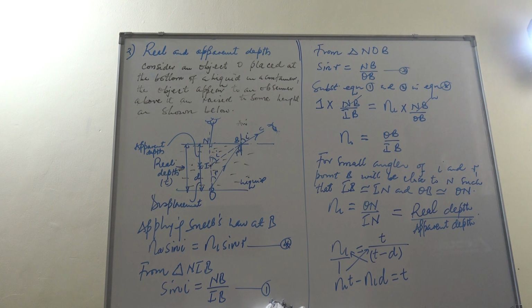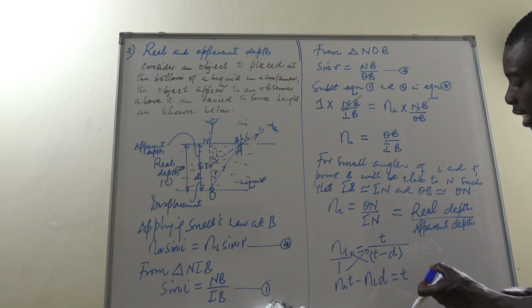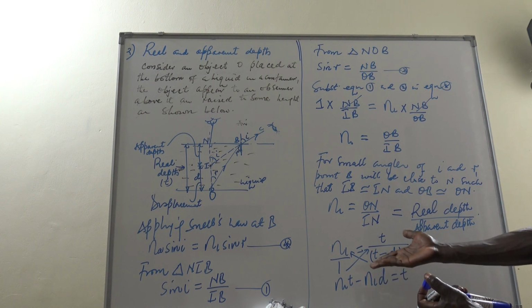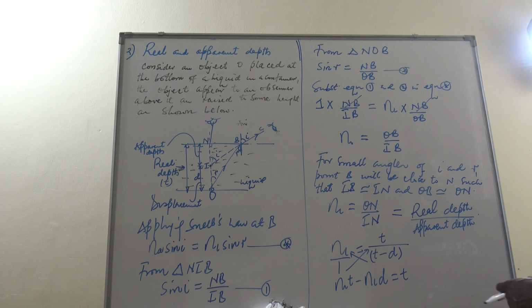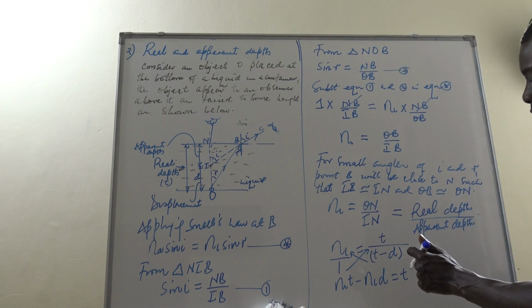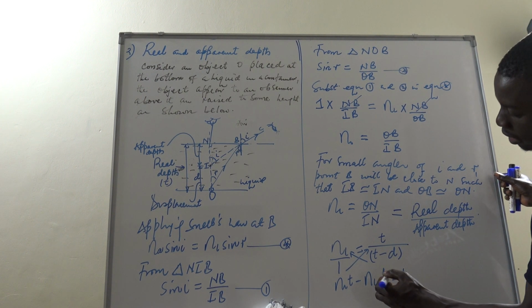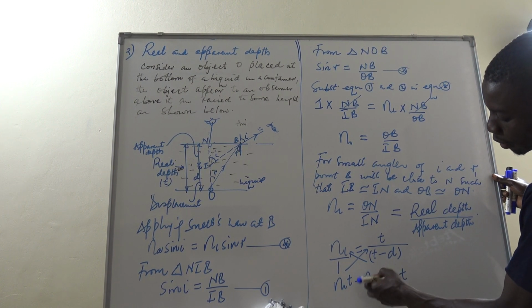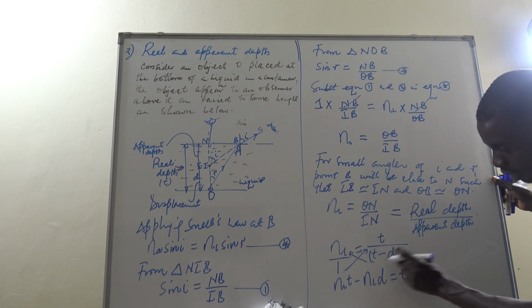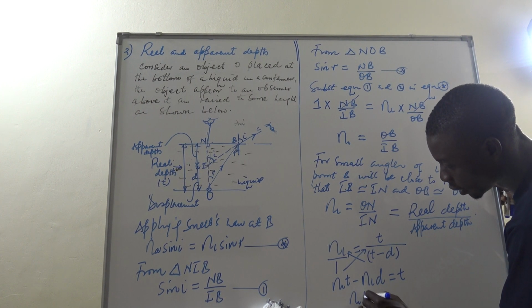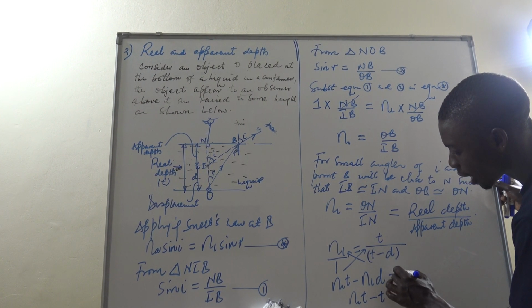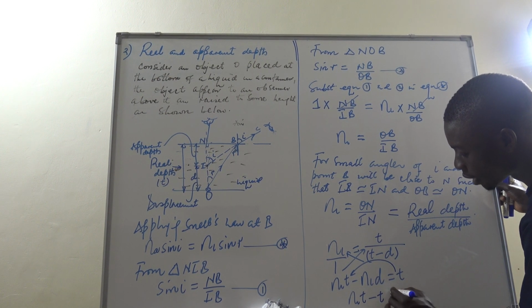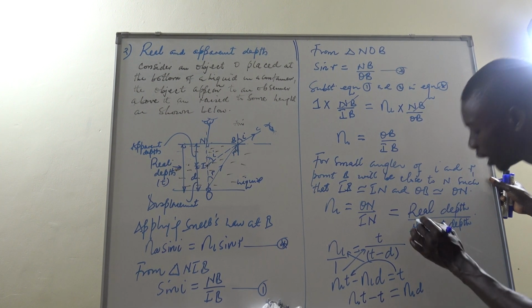So from here, I can decide to make D the subject to simplify my expression. I can now say NLT minus T, I'm bringing this one this side, and this one will be NLD.